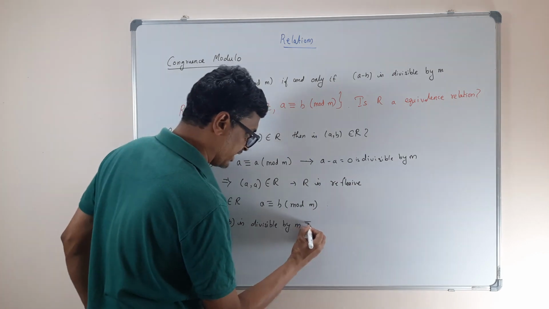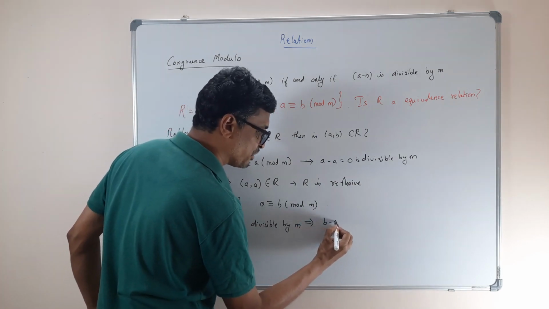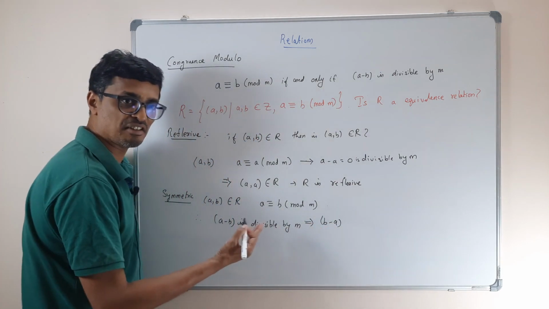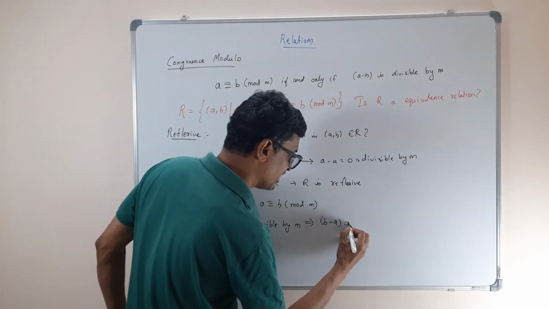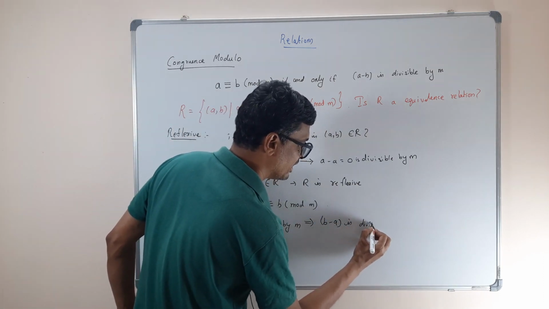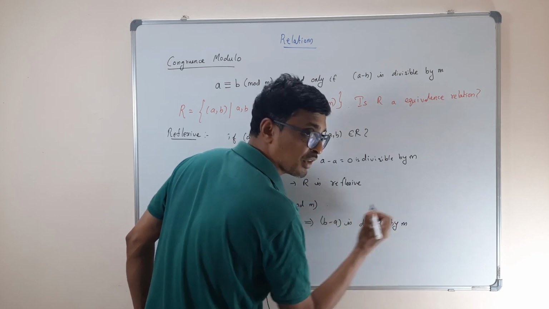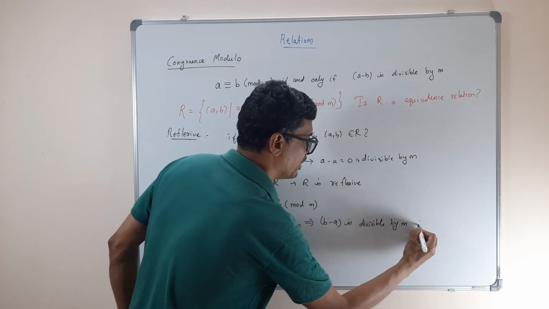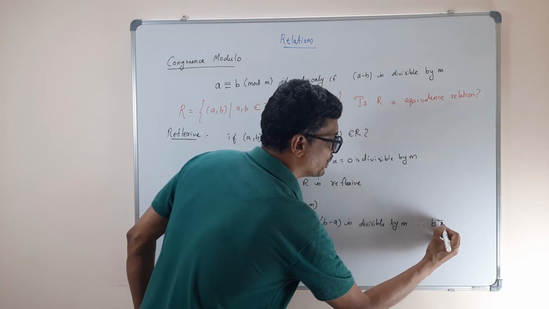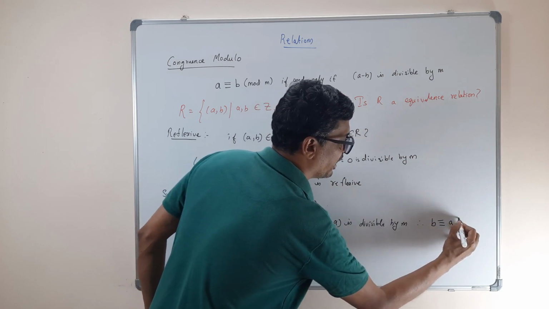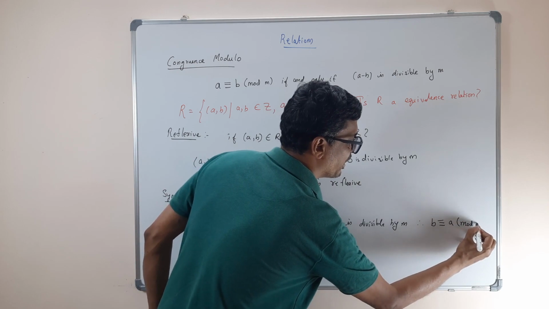This implies, of course, b minus a also will be divisible by m, just a negative number, right? Therefore, b is also congruent to a mod m.